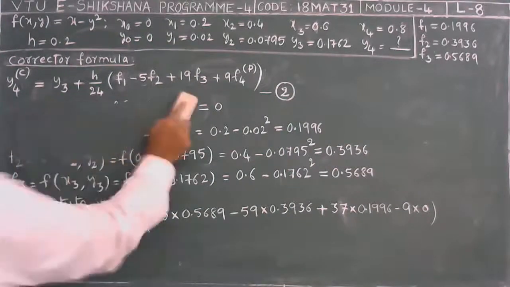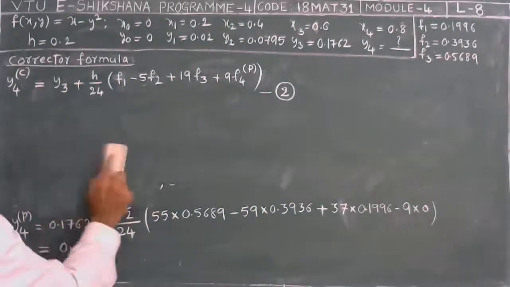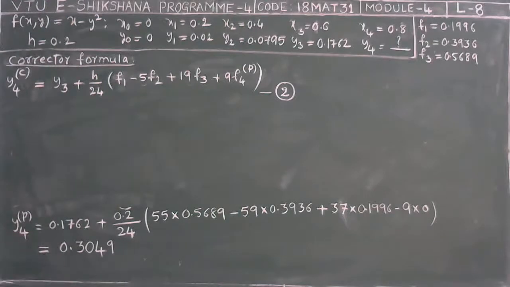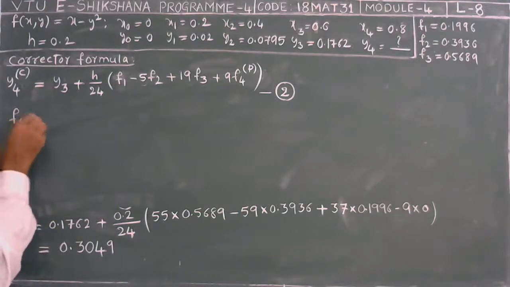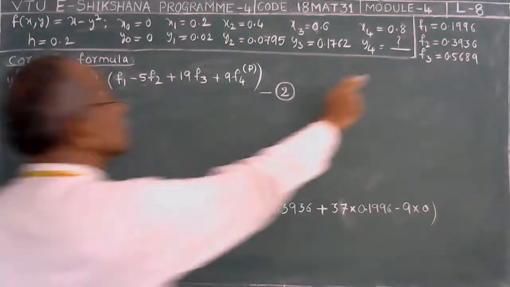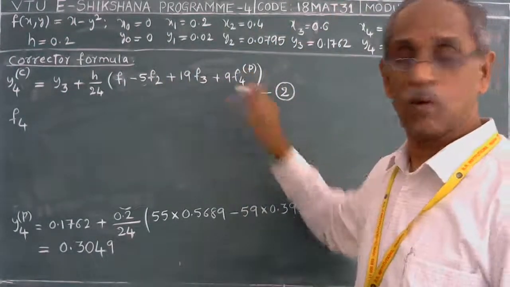And let us substitute here the values of y3, h, f1, f2, f3 and f4p. So we have to calculate what is f4p first, because these values are known. f1 is known, f2 is known, f3 is given, and y3 is here. Only the unknown is f4p.